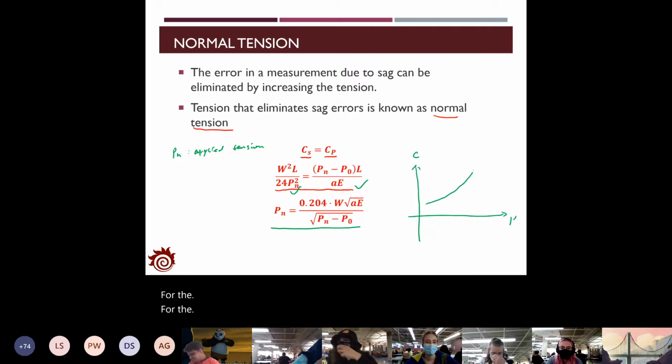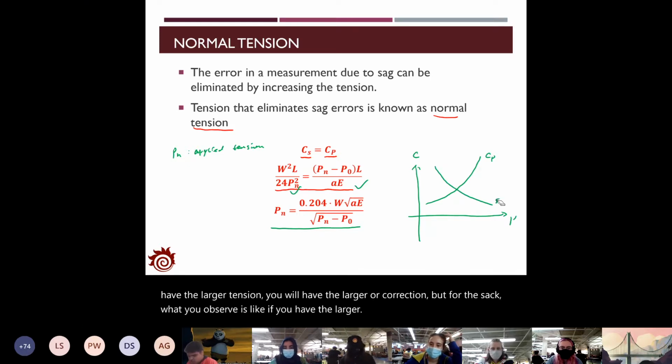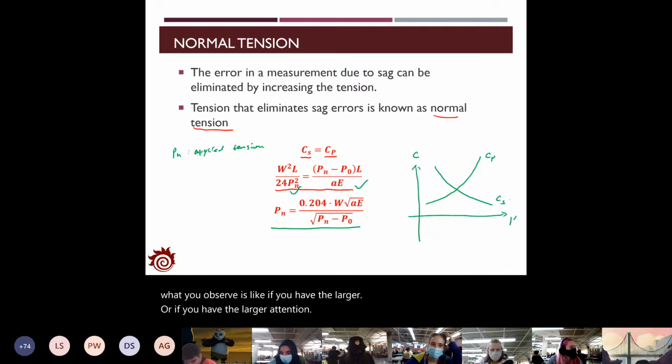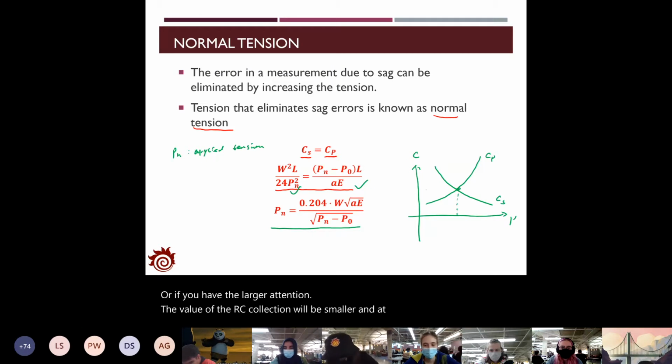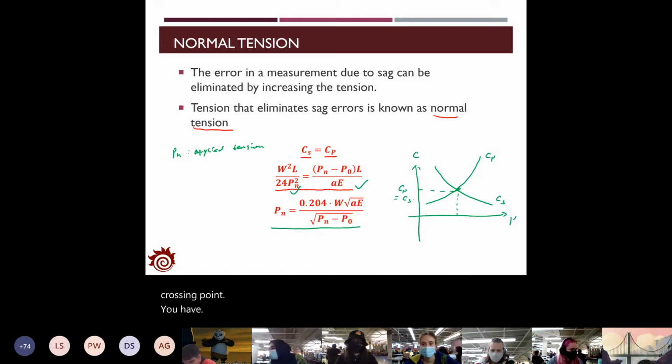for the tension correction, if we have a larger tension, you will have a larger correction. But for the sag, what you will observe is that if we have a larger tension, the value of the sag correction will be smaller, and at this intersection, the crossing point, you have Cp equal to Cs, and that value is where you get the normal tension.